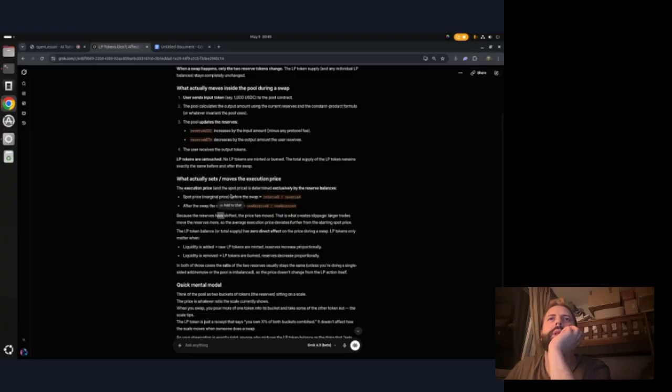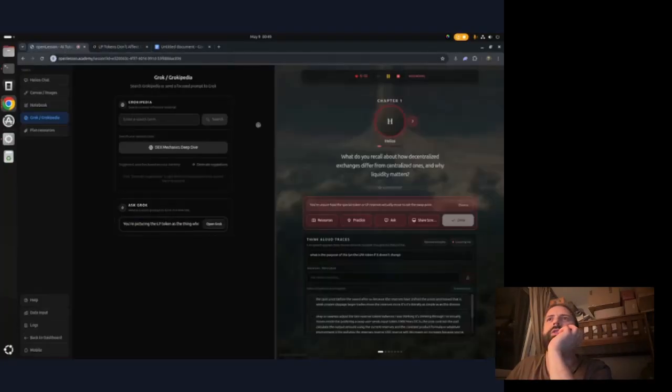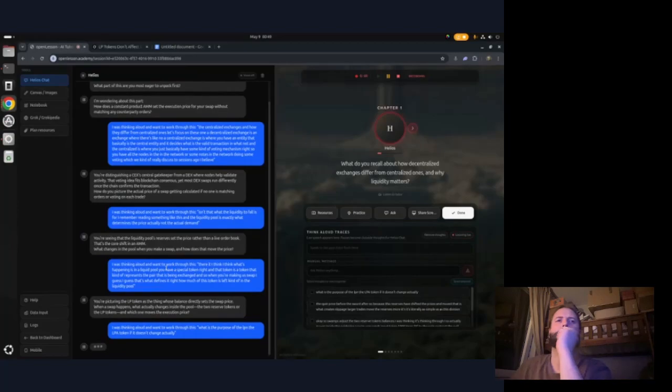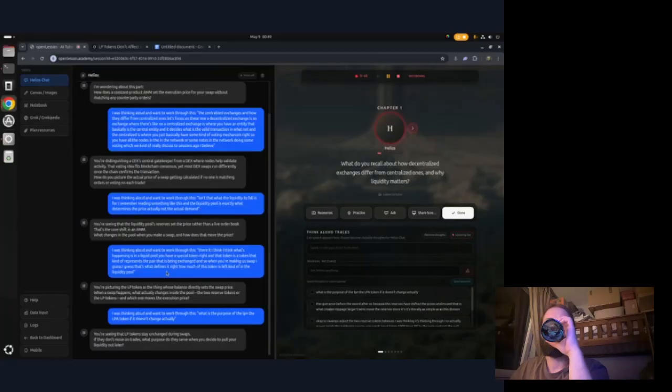What is the purpose of the LP token if it doesn't change, actually? Is it that they represent essentially... Oh, you get them when you put in liquidity.